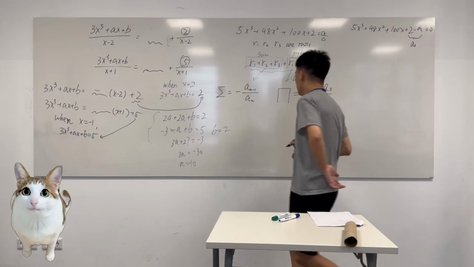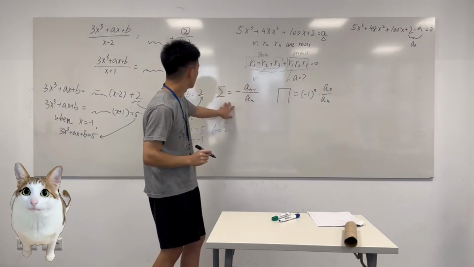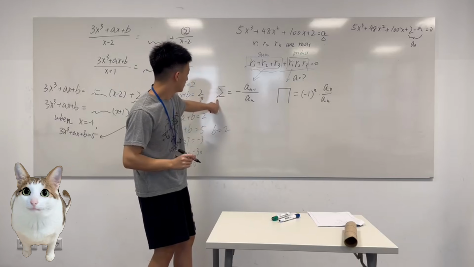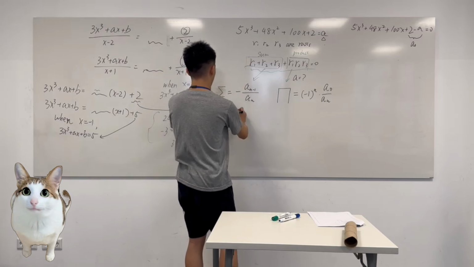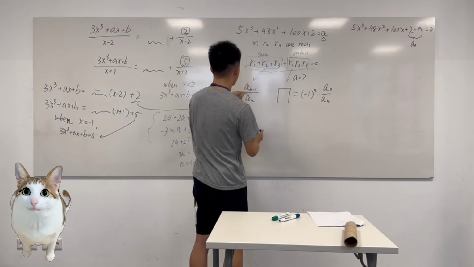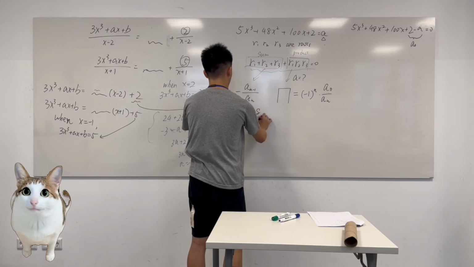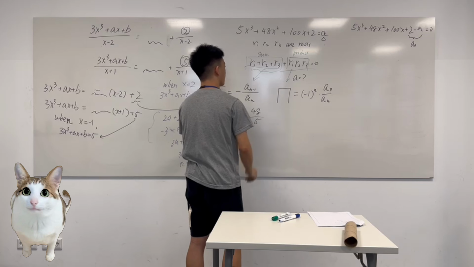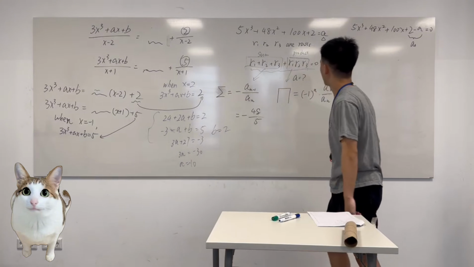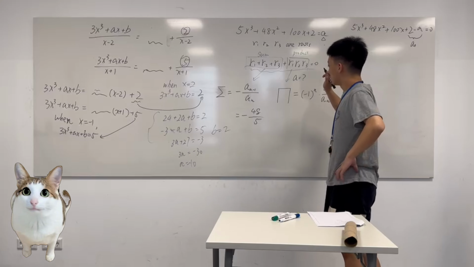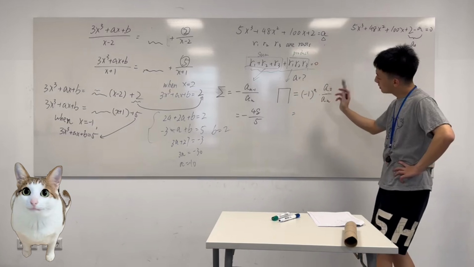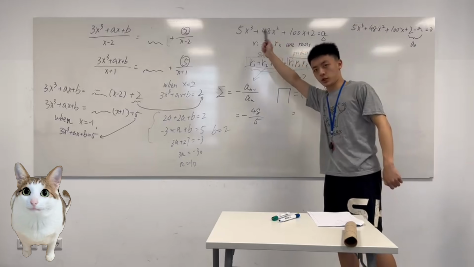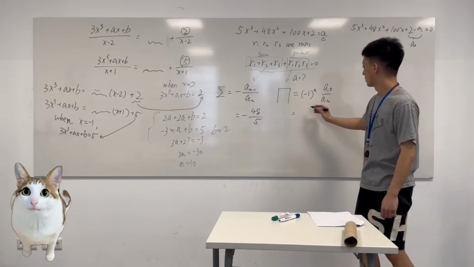Okay, then we know that sigma is equal to negative 48 divided by 5. And we know that the pi is equal to, so in this case, n is 3, right? Because it's a cube.